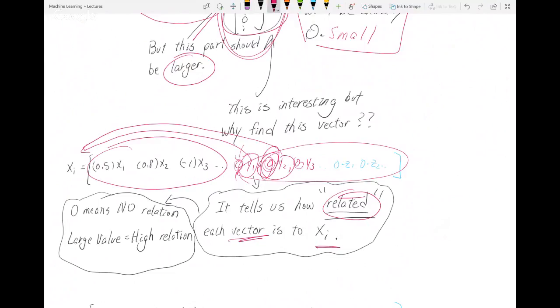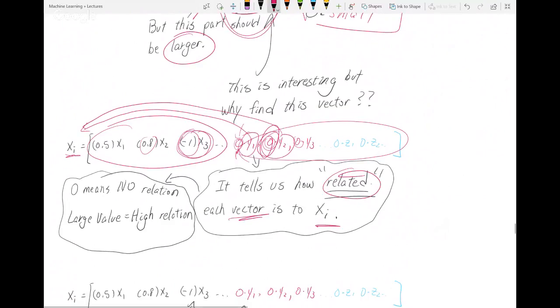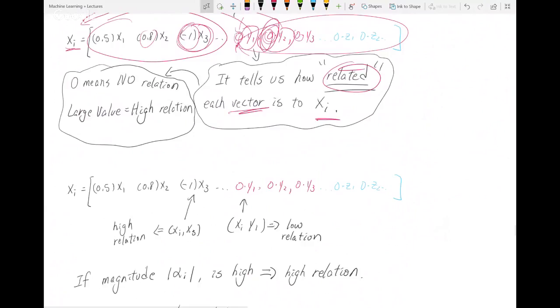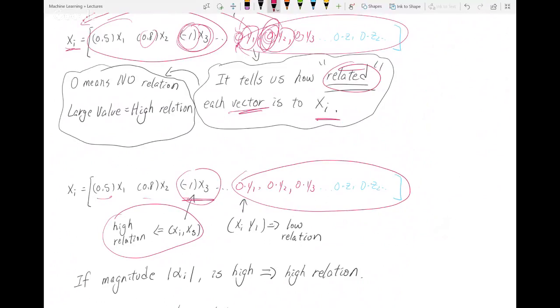The larger it is, like this one, is probably very similar to this. So the larger it is, the better the relationship, right? Like I said, this one, -1, is much larger than everything else. So that's a high relationship, whereas 0 is a low relationship.